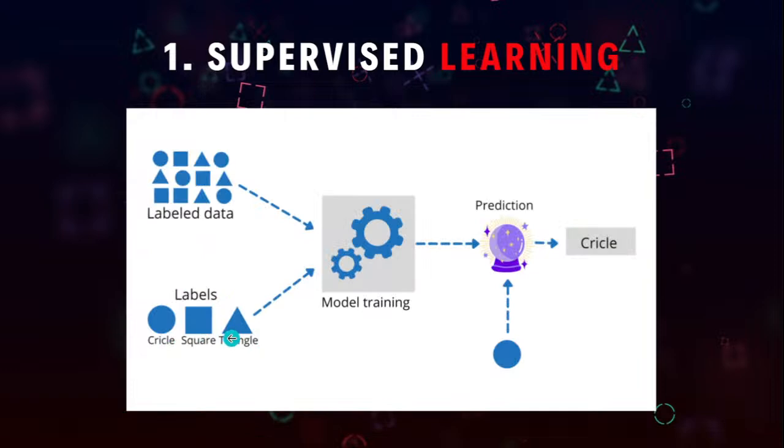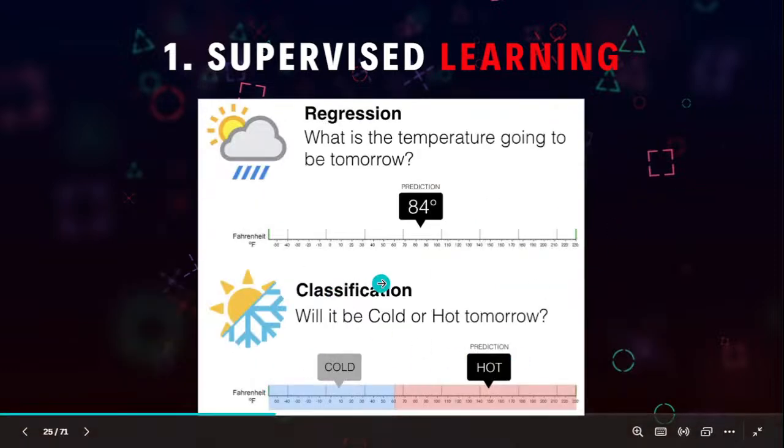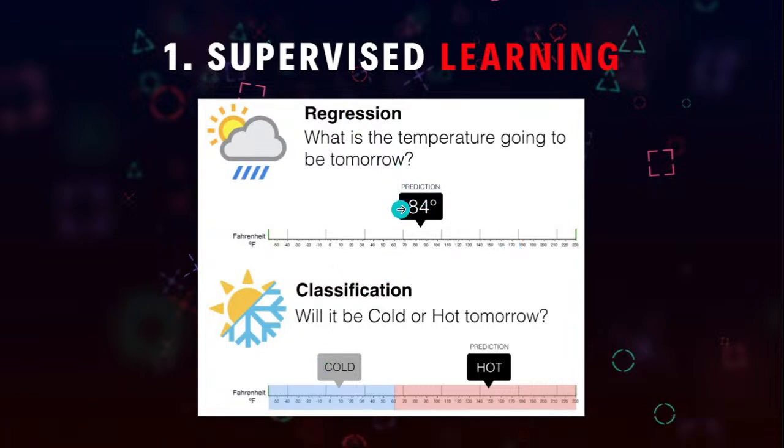You don't have any other choice, you want to choose between any of these. That is called classification. Or you also have data which is regression. It's not like either this or that, it's a range of values, from which your particular value will be taken based on the statistics. For example, there is a difference, right? What is the temperature going to be tomorrow? It's a particular value. And whether it's going to be cold or hot tomorrow is like classified categories. So this is supervised learning.